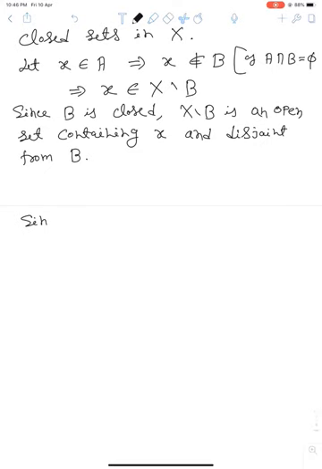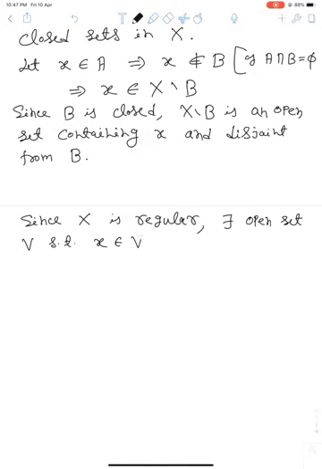Now since X is regular, there exists an open set V such that x belongs to V and the closure of V is a subset of that open set, right?